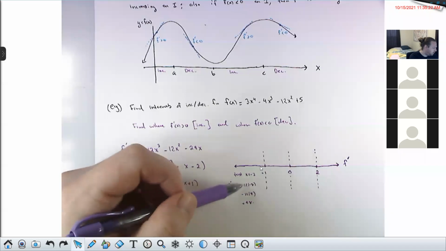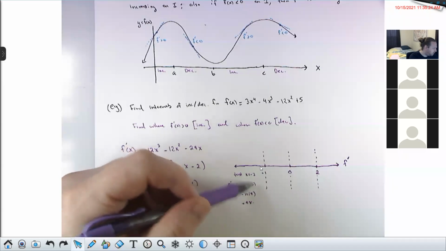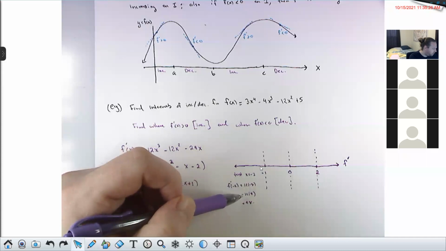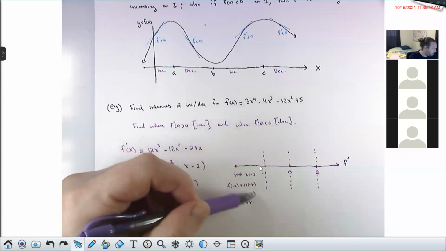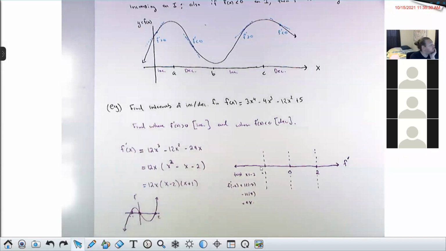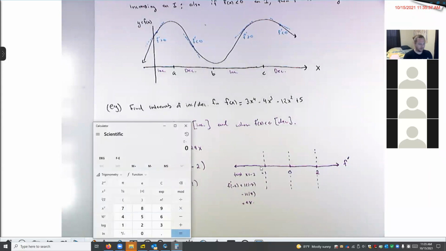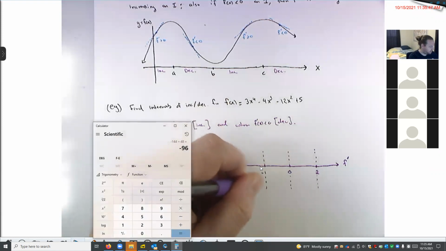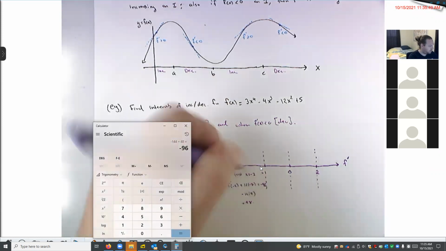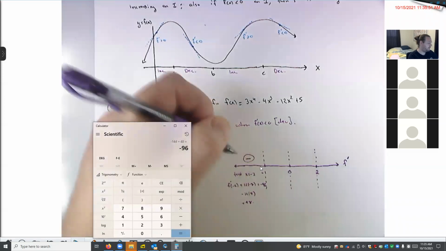So 12 times 8, what is that? -96. -96 minus 48 is negative. Oops. My arithmetic skills are poor. And then we're adding 48 back. That's -96. Right. So this is -96, which in particular is negative.